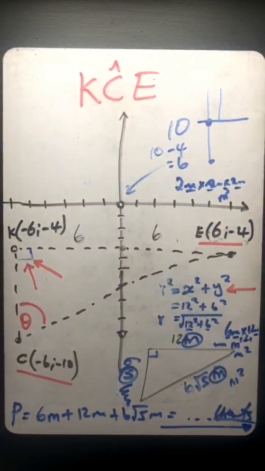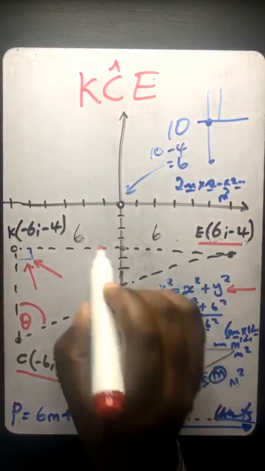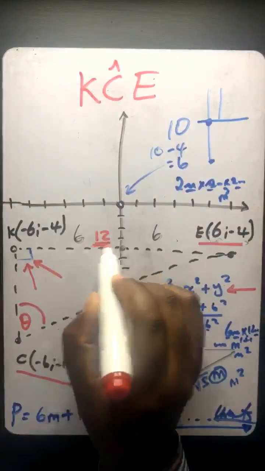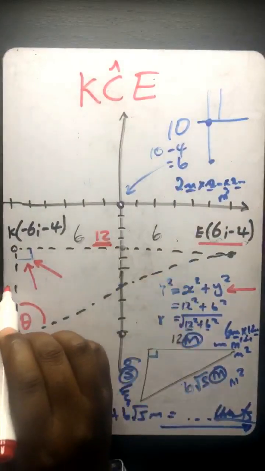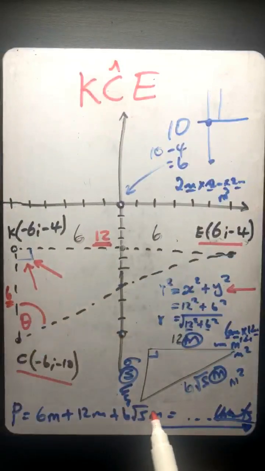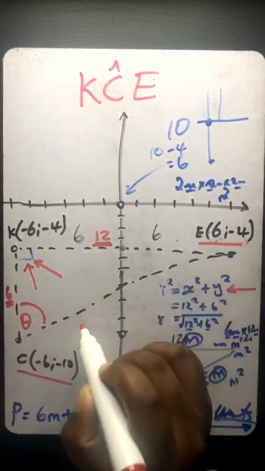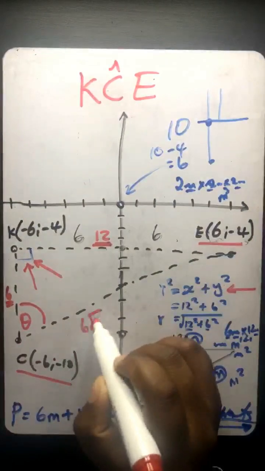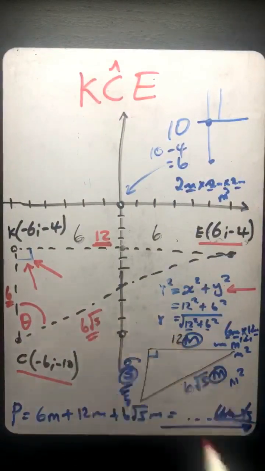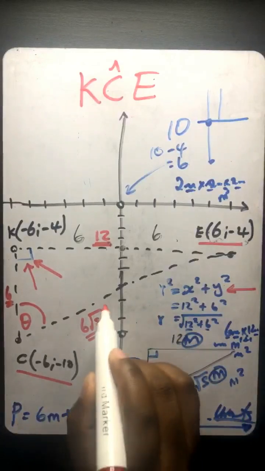So now that it is a right-angled triangle, I'm going to give you a very important tip, honorable members. Use a trig ratio that will allow you to use the value of 12 and also that value of 6. Why not the one that will force you to use that? It is because this one you just calculated.